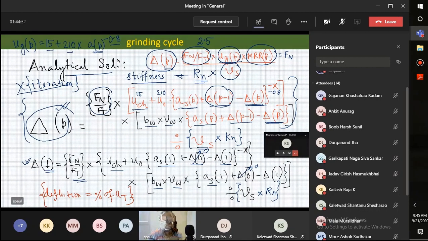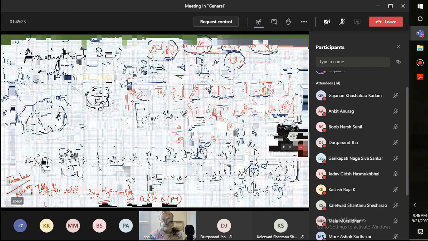This is our tabular approach. What was the problem with this? The fixed percentage is the problem. So after the tabular approach, we went for numerical. In the numerical approach, there is no such problem. Deflection is controlled by stiffness. Stiffness is a known quantity. The only thing is that in the numerical approach, to get the final solution, you require iterations.